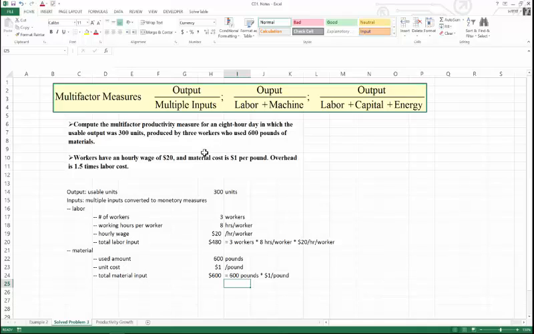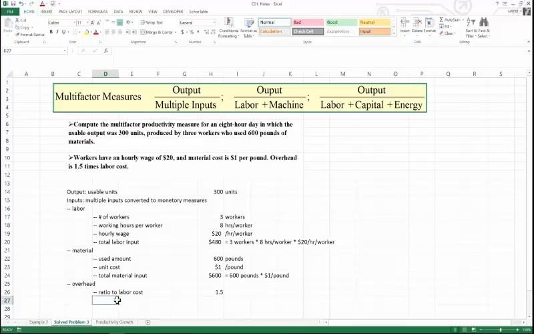If you pay attention to the second statement in the question, you will find it mentions overhead. So this is another input. What is the cost of overhead? We know it is a ratio to the labor costs. This ratio is 1.5.